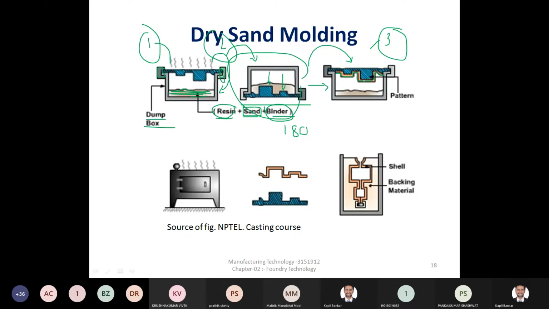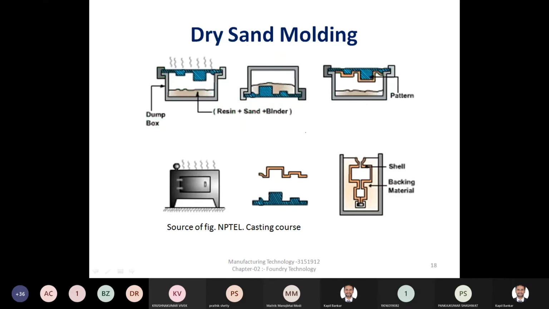Then disassemble this pattern and remove this thin shell. This is the thin shell. Remove the pattern and do the same process again to make the second part of the shell. This is the first part. Then create the same part again.